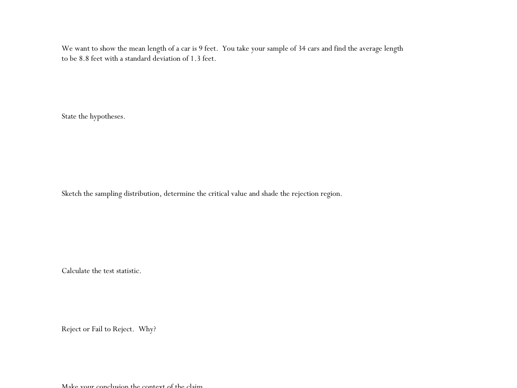Okay? We want to show that the mean length of a car is 9 feet, so that would be mu equals 9. You take a sample of 34 cars and find that in the sample, the mean was 8.8 with a standard deviation of 1.3.